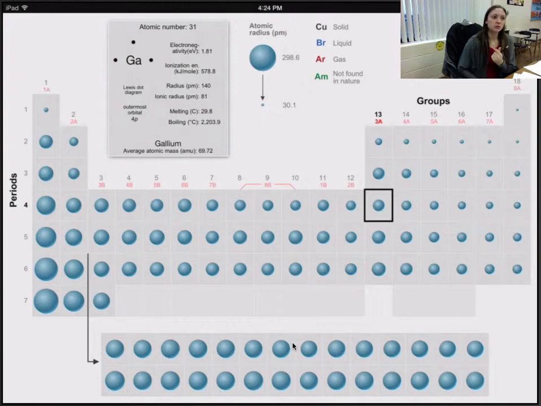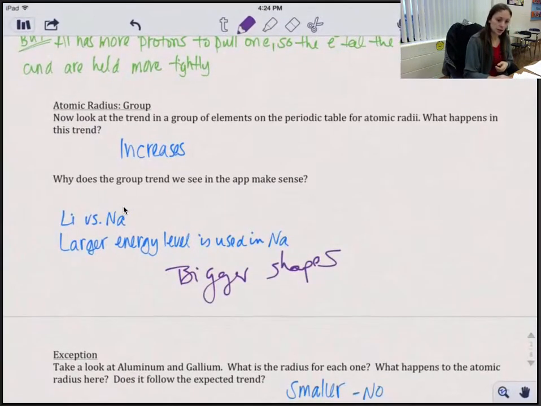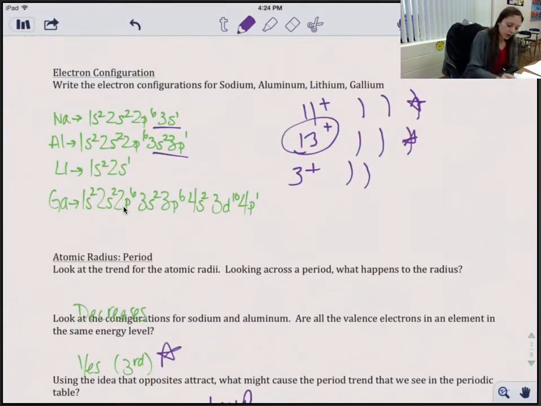So the question becomes, what does gallium have that aluminum doesn't that makes it smaller? Well, we see all of those D blocks. Aluminum doesn't have anything with a D block. We don't start D's till the 3rd level. So gallium has all of these D block electrons, and we see that in the electron configuration. Gallium has those 3 Ds. They're in the third level.